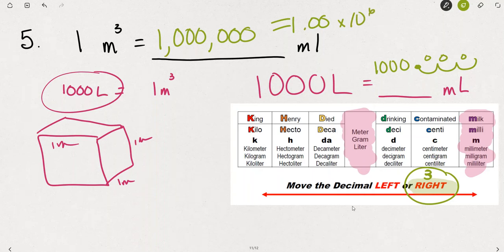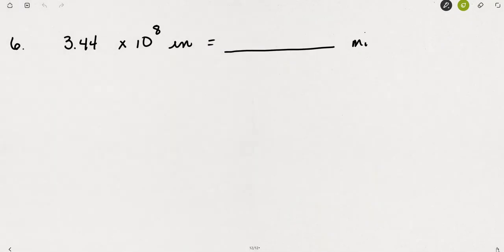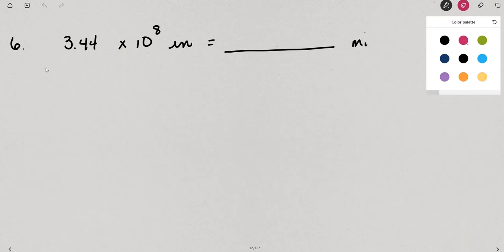Let's look at one last example. Going from inches to miles, we're going to need 2 unit conversions.